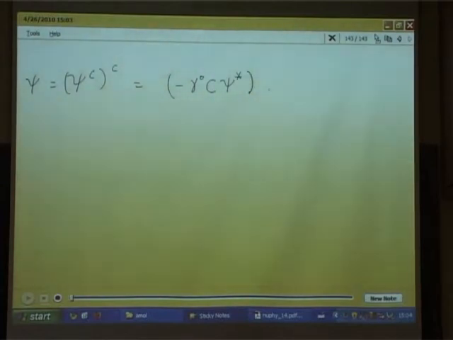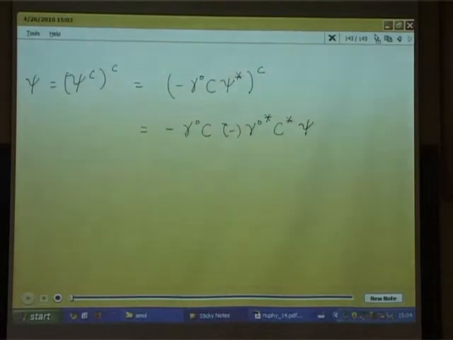So this one I do. Conjugate is like doing minus gamma 0 C times the star of this. So the star of this is minus gamma 0 star C star psi.